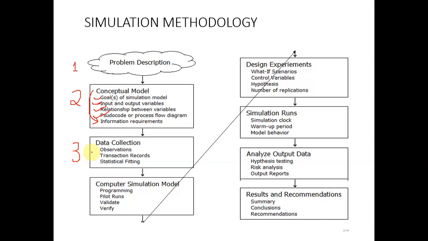First, you can collect data through observation, get some transaction records that are available within the organization, or you can go for a field survey or collect the data from different systems, data records, or transaction log files, and then you look at statistical fitting. What is the nature of your data?